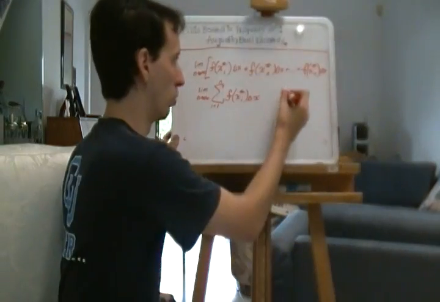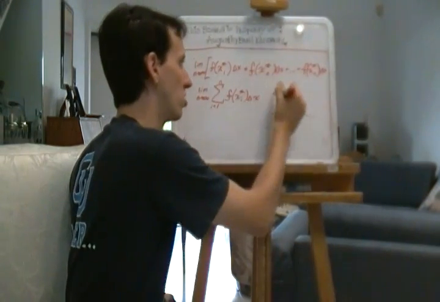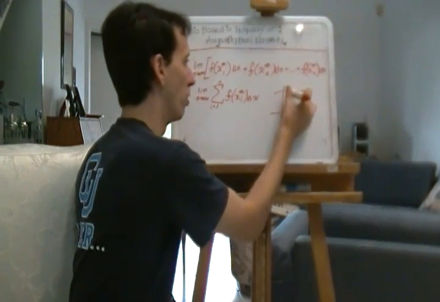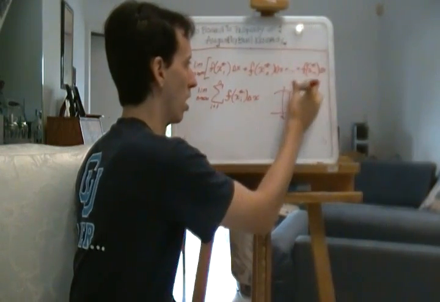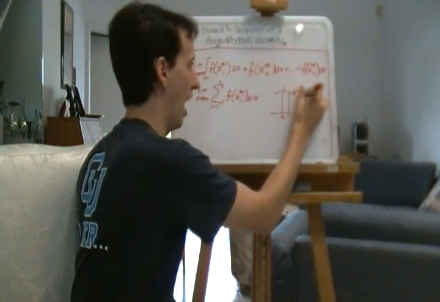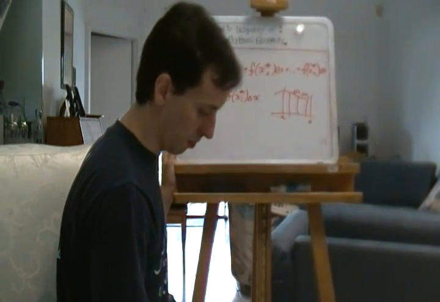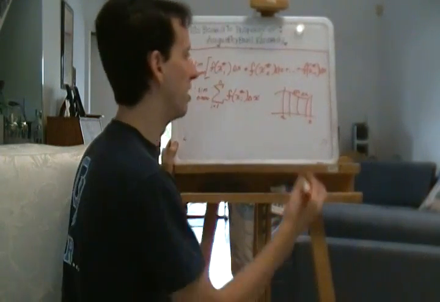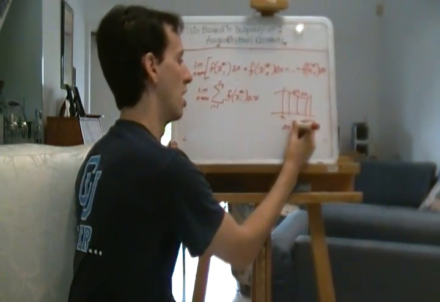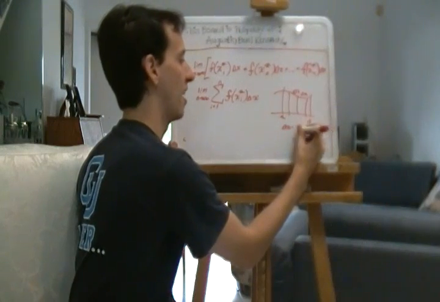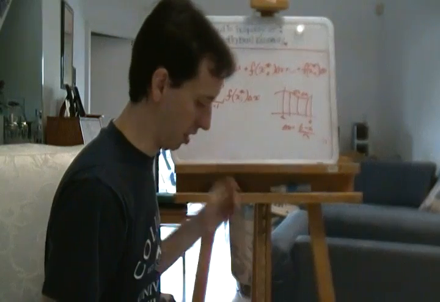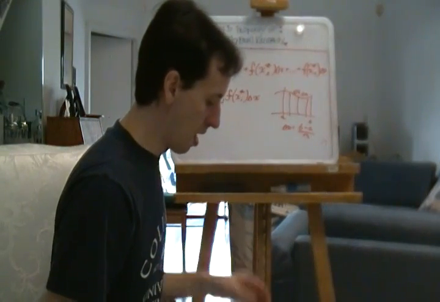We're splitting this into a and b with n subintervals, all of the width delta x, and delta x equals b minus a over n, which makes sense. That's the definition there. I mean, it's intuitive.